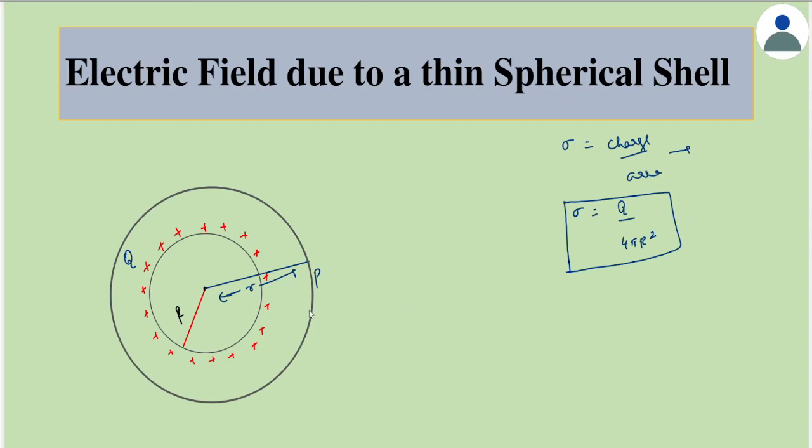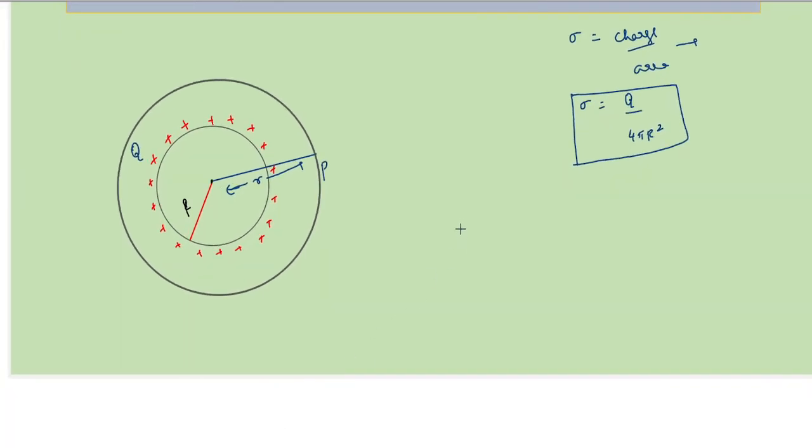Now let's use Gauss law, or let's find flux for this sphere first. The total electric flux would be given as integral of E dA cos theta.